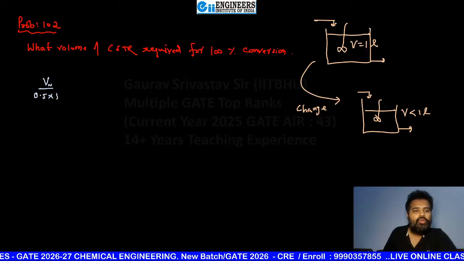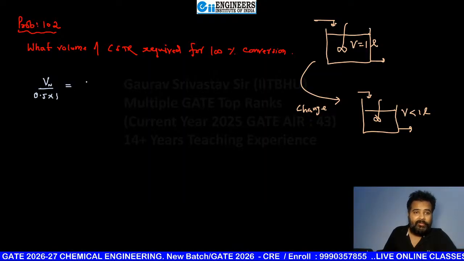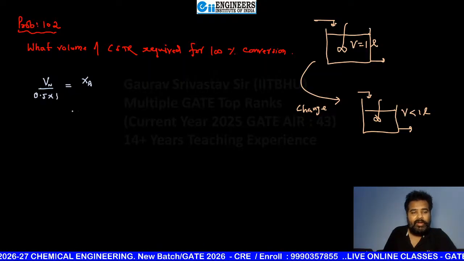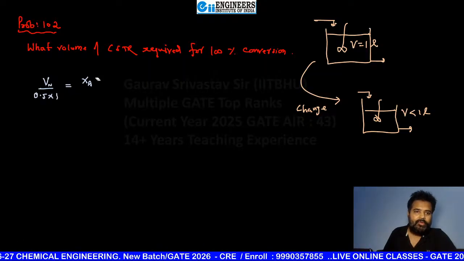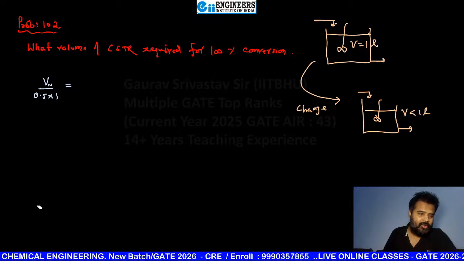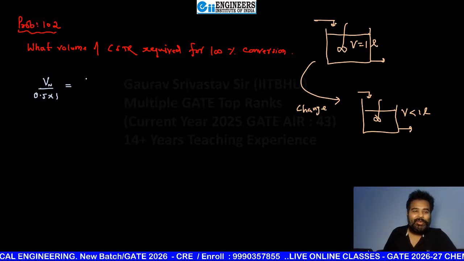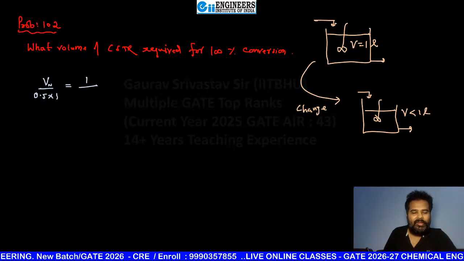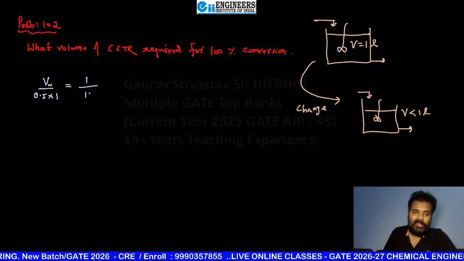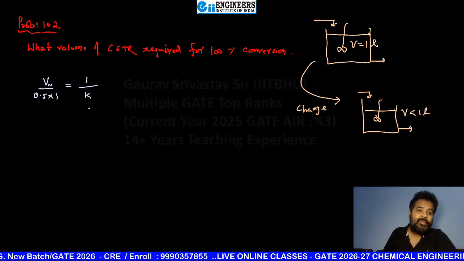That equals to XA here, which will be 1, divided by minus RA, which is just K. That's good.